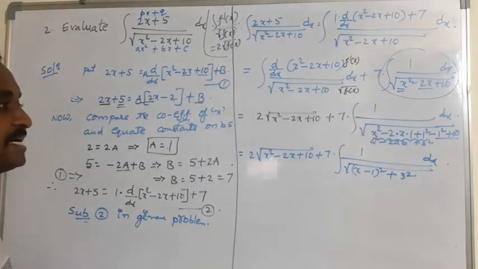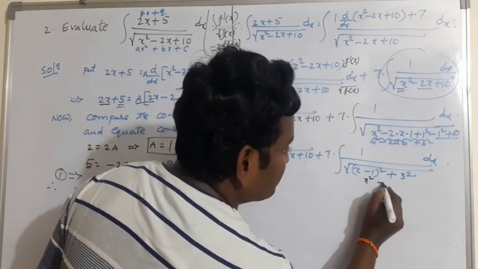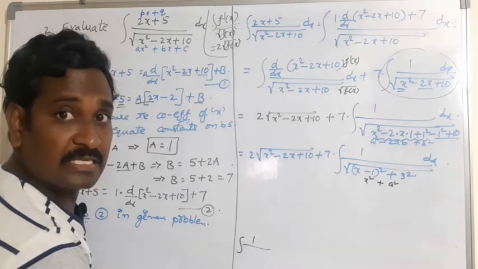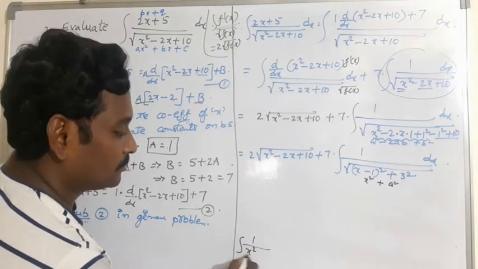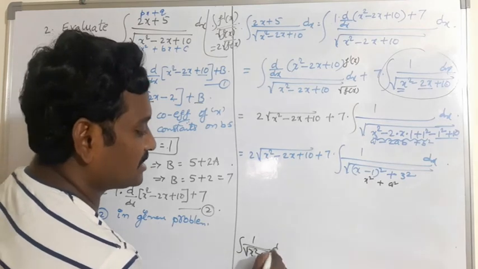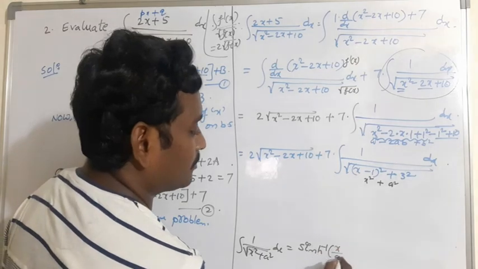We are observing that it is in the form of integration of 1 by root over x square plus a square. What is the formula for integration of 1 by root over x square plus a square? It is sinh inverse of x by a plus c.